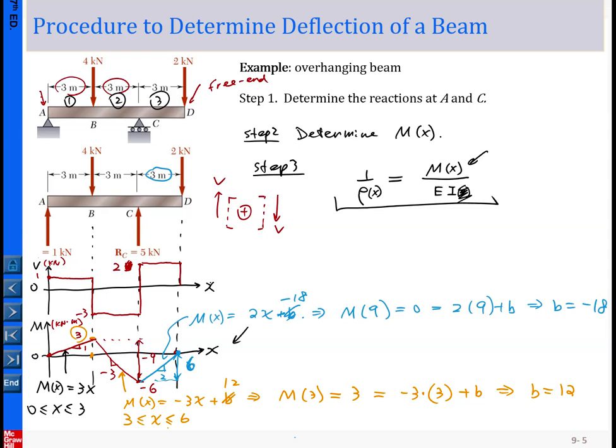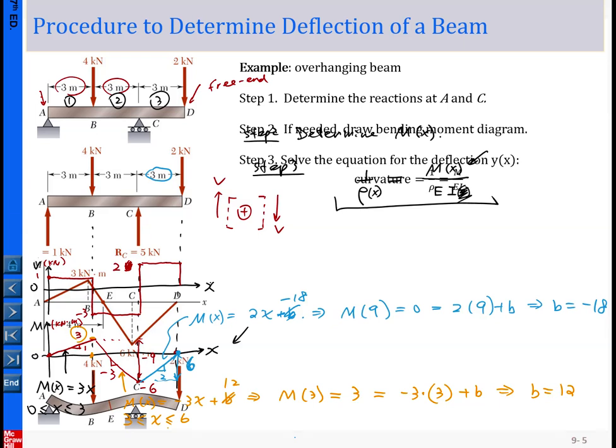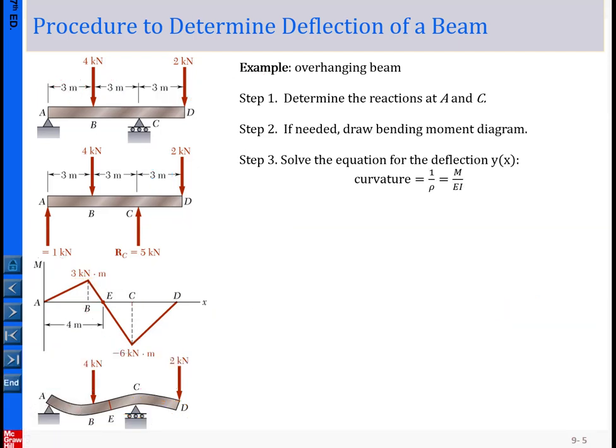Okay, so step 2, step 3. By looking at this information, let me erase the notes. Okay, so that is the determination of m of x.